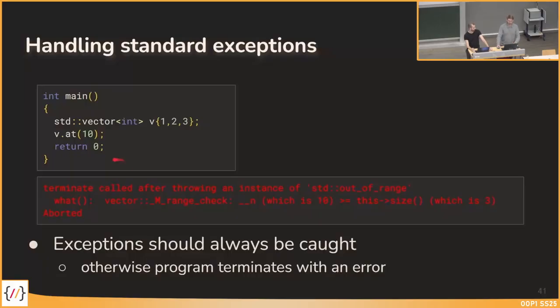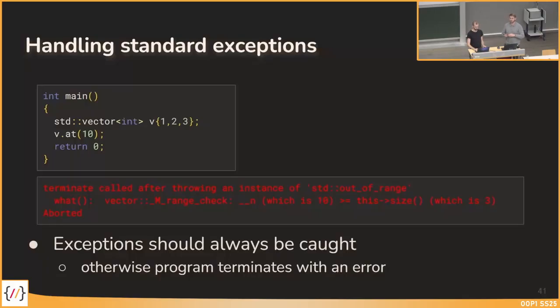Whenever you execute this code here, you will see a message, something like terminate called after throwing an instance of, in this case, std::out_of_range. And then you will see that you want to access the 10th element, but in fact the size of the vector is only 3. So it's pretty similar to the segmentation fault, but it at least gives you a description of what went wrong and which exception was thrown, and maybe you should have caught that.